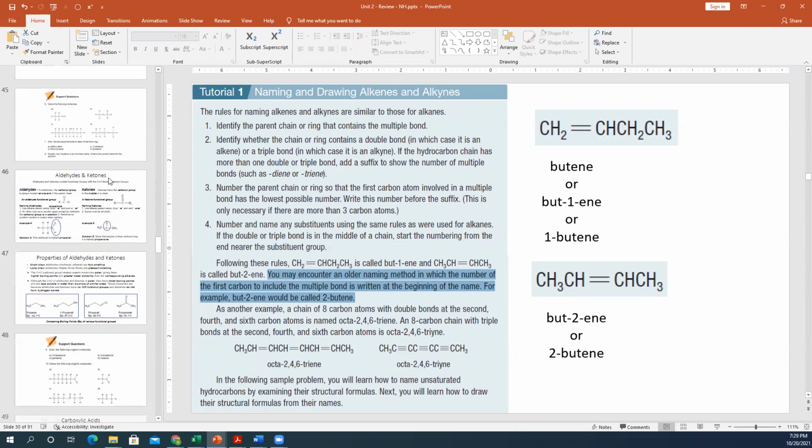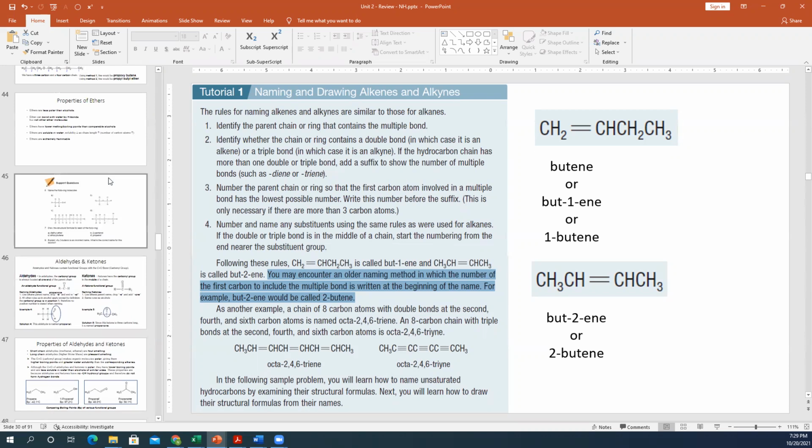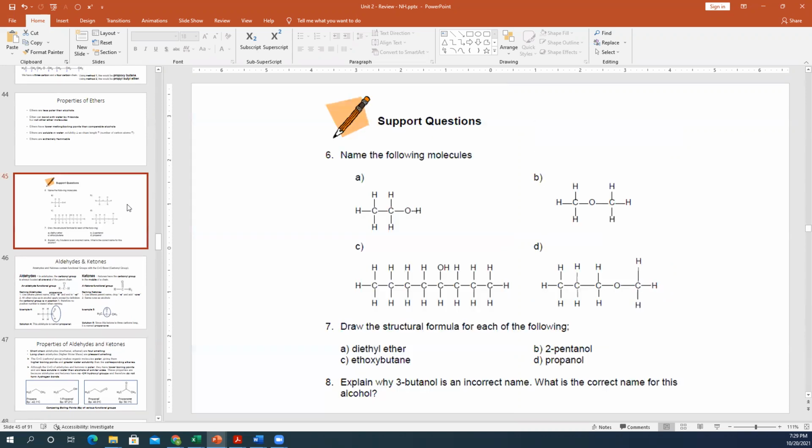Let's see, what can we do here? All right, let's look at some more support questions. Naming of molecules. Okay, these are super easy. So again, if you know how to name them, you will also know how to draw them.